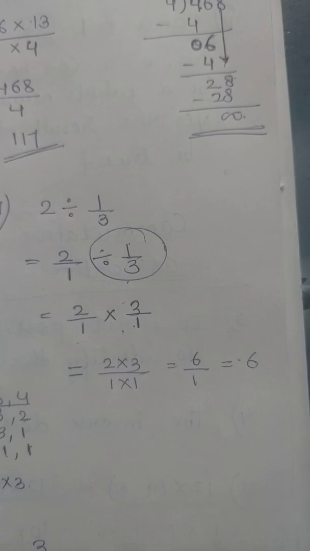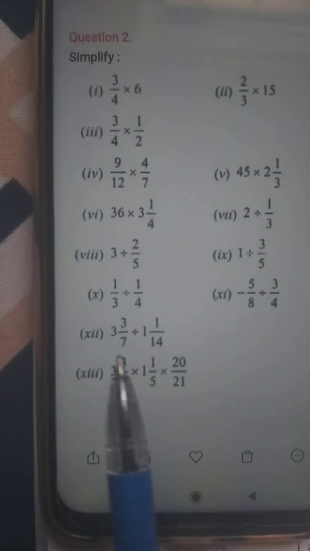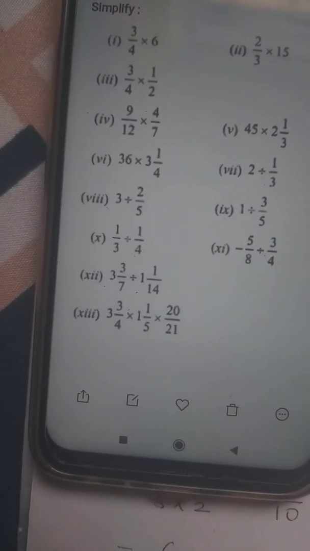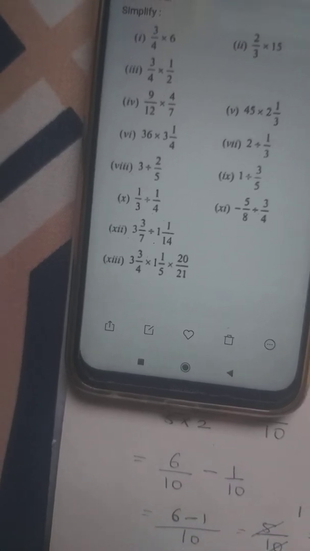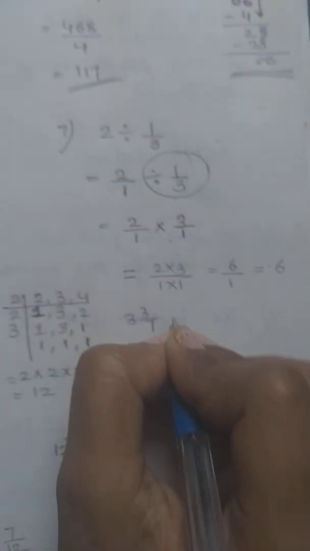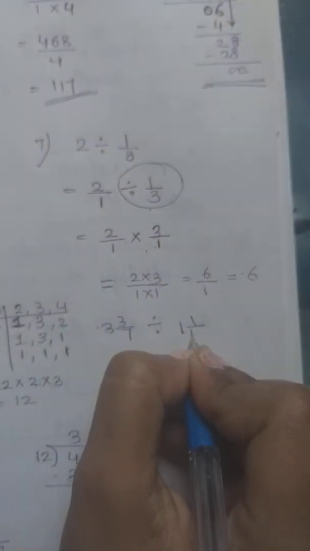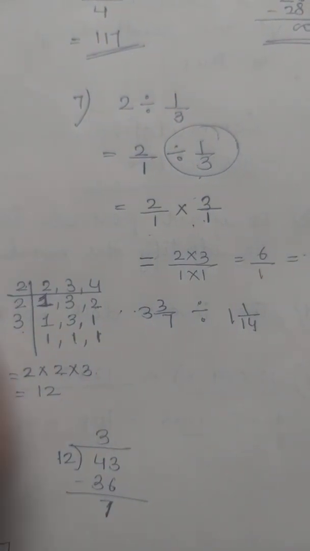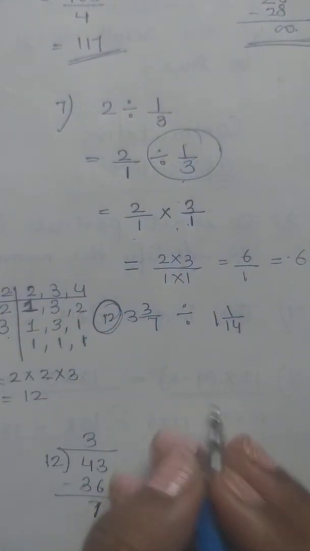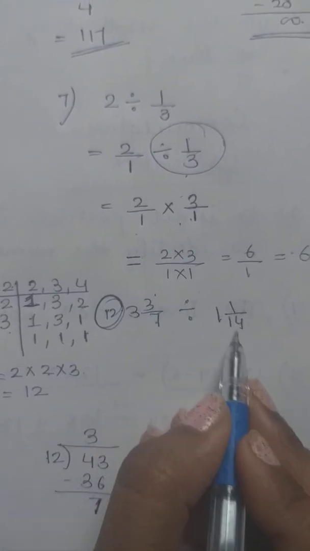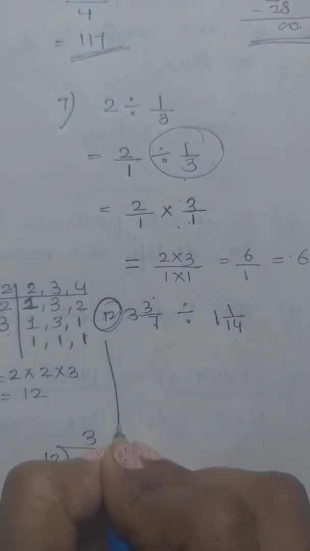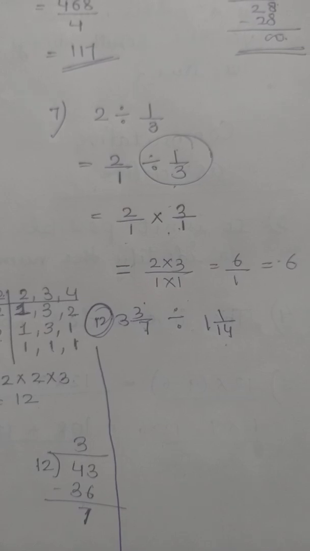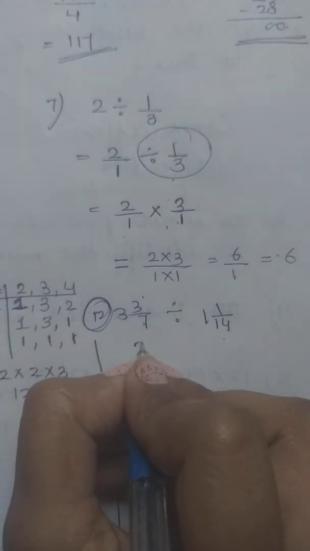Now we'll do the next, question number 12: 3 by 7 divided by 1 1 by 14. We'll try to solve this. We have to convert the mixed fractions. 3 7s are 21, 21 plus 3, 24, so 24 by 7.